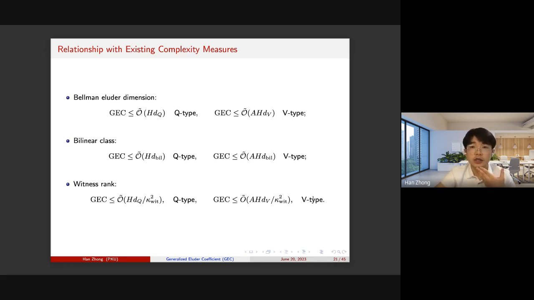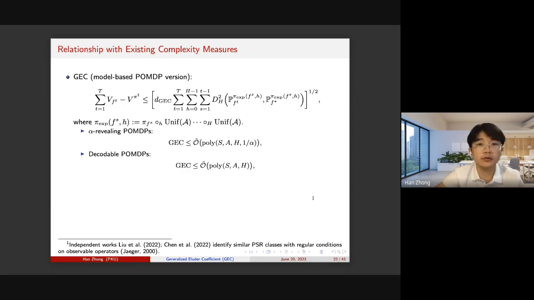And our GEC can also capture some partially observable RL problems. For example, for the POMDPs, we can choose the exploration policy as this. We execute the pi-F-t at the first H-1 steps and execute the uniform policy at the last steps. The discrepancy function is defined as a discrepancy between the distribution induced by the F_t and the true model.